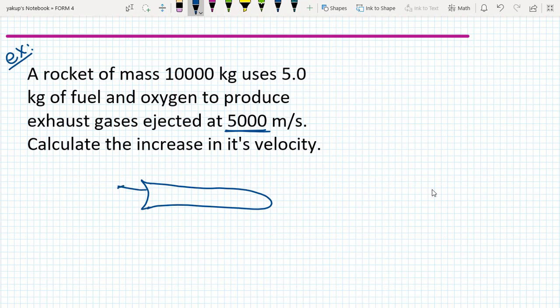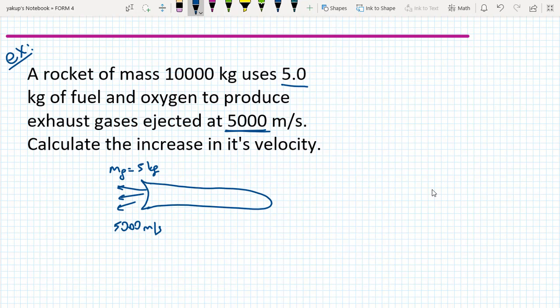The gases are going outside at 5,000 meters per second, and with each second they use 5 kilograms of fuel and oxygen, so the mass of the gas is 5 kilograms. What is the increase in the rocket velocity?